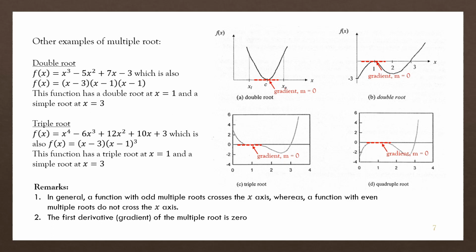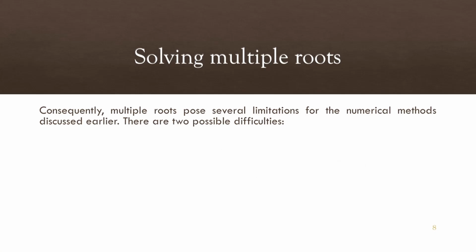So when we talk about solving roots, multiple roots pose several limitations for the numerical methods discussed earlier, such as the Newton-Raphson method, secant method, or the bracketing methods that we learned, which are the bisection method and the false position method.